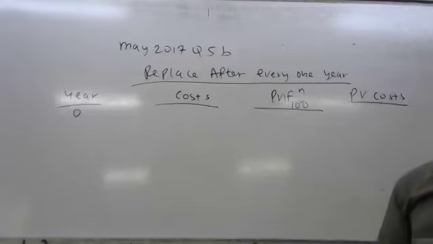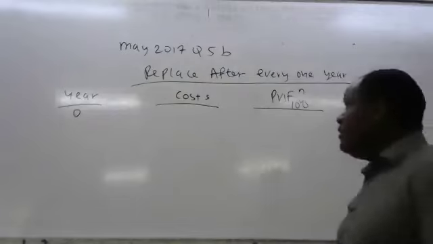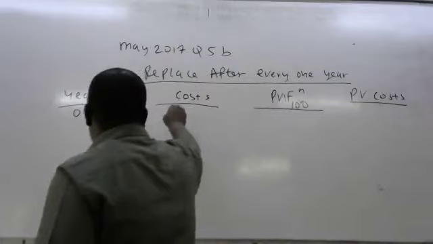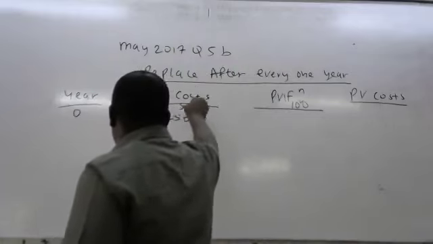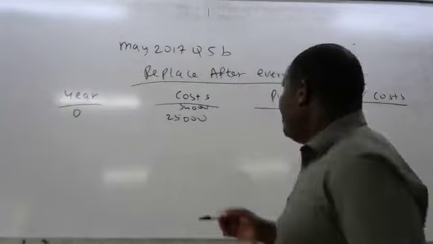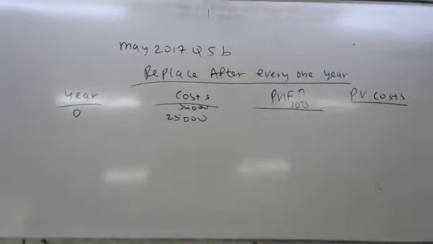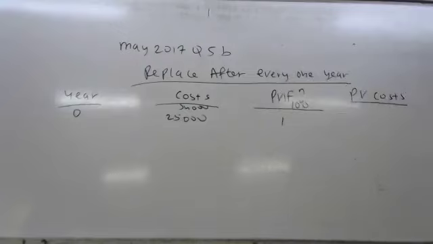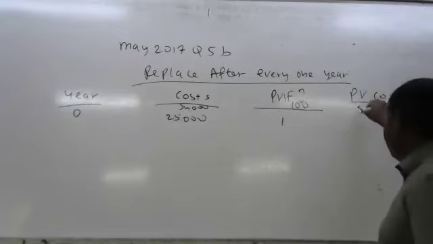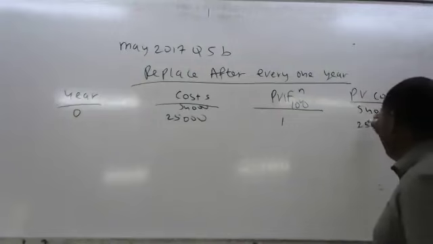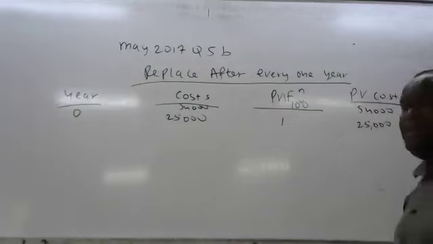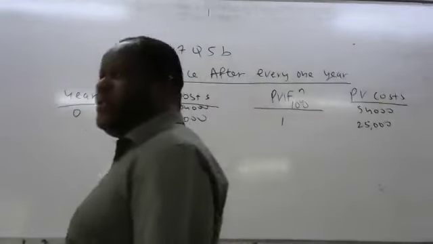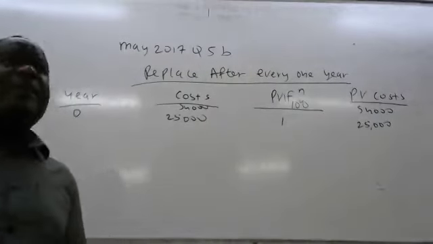They gave you the purchase price of the machine, so we start with 25 million. At 10% in year 0, the present value factor is 1, since anything raised to the power of 0 is 1. So the present value for that figure just remains 25 million.